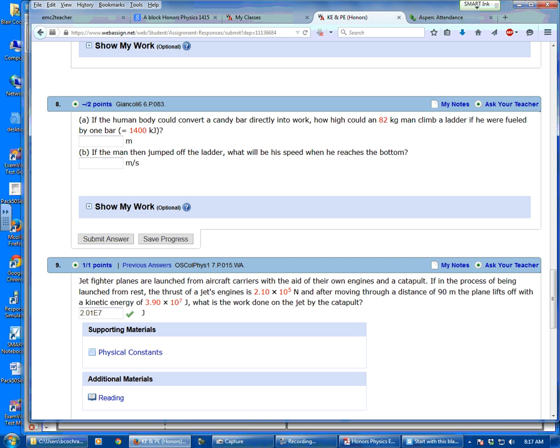He takes the energy from the bar and does work on himself to change the amount of potential energy gravitationally he has. And then after he has changed that gravitational potential energy by changing his position, he then changes his position again by jumping off the ladder.